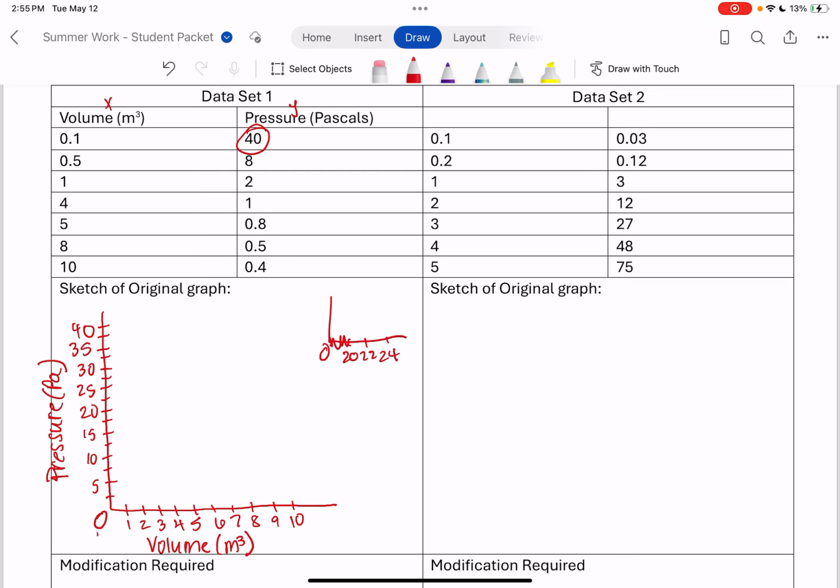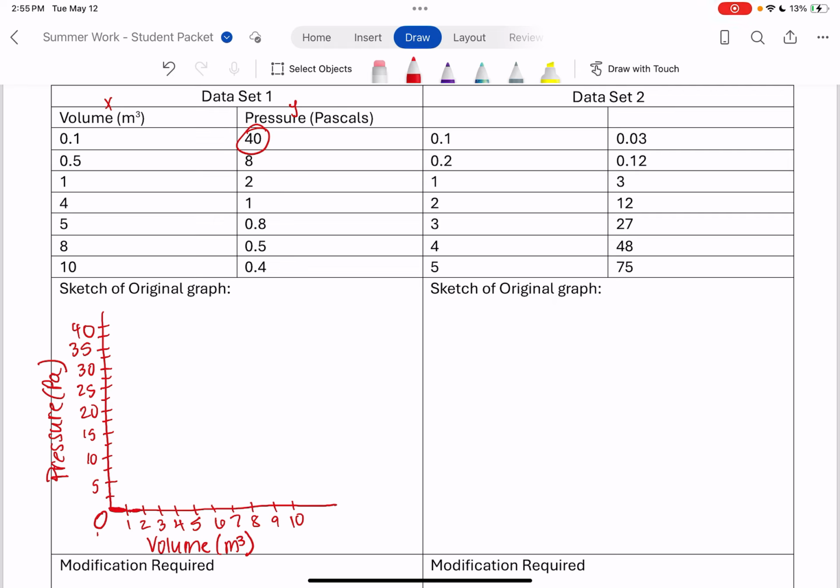We can't do breaks like we can in other classes. Because if you're doing a break, then you're not going to see the true picture of your data. So you want to make sure these spacings are the same. Like if I have 0 to 1 here, I couldn't do 1 and then my next one be 5. Each one has to be 1 in length.